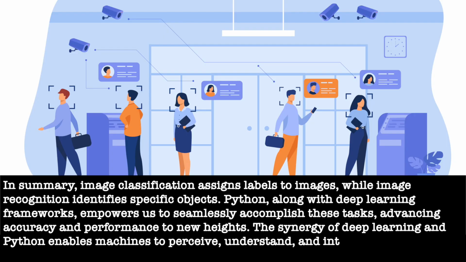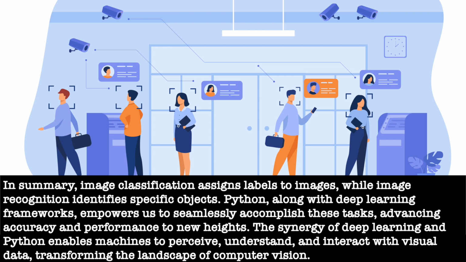So in summary, image classification assigns labels to images while image recognition identifies specific objects. Python along with deep learning frameworks empowers us to seamlessly accomplish these tasks, advancing accuracy and performance to new heights.